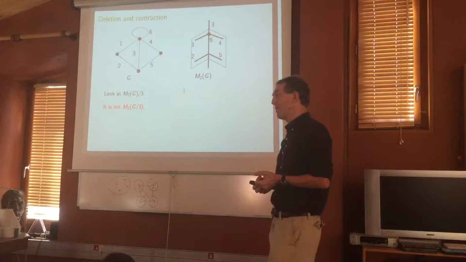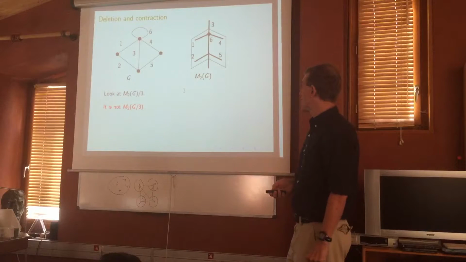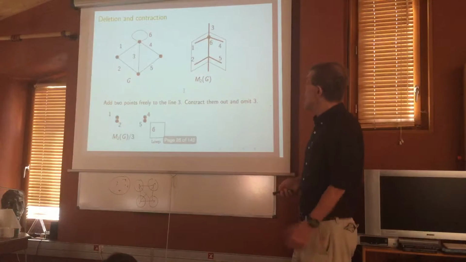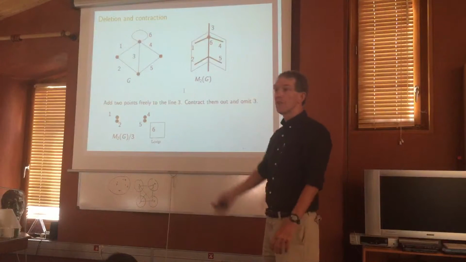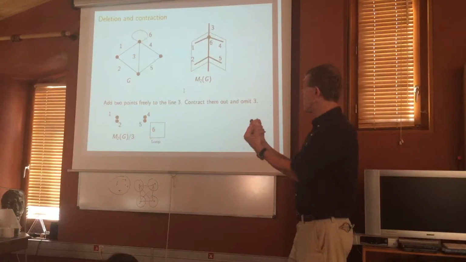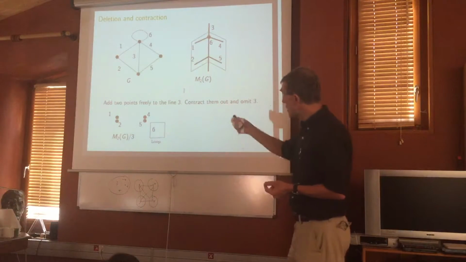Those are called pointless edges or something. Yeah, right. Good name. I like that name. So this is what I've already said. This is the matroid that you get. So 1 and 2 become parallel points, 4 and 5 become parallel points, and now, as I said, 6 is a loop.